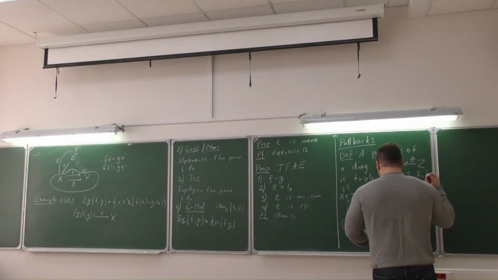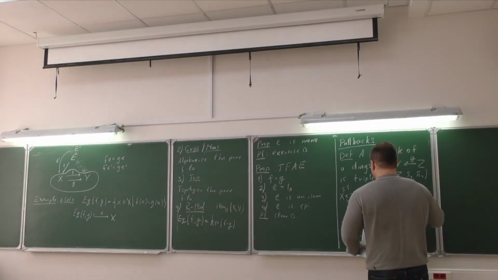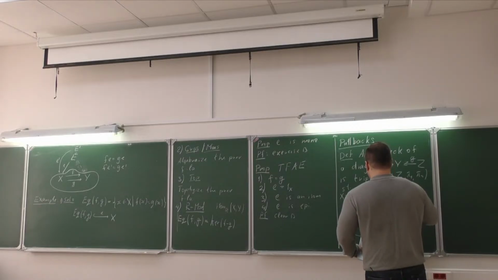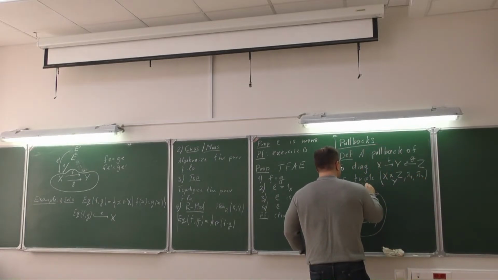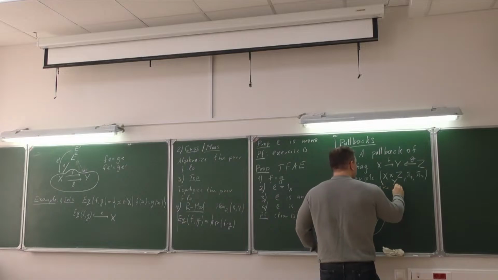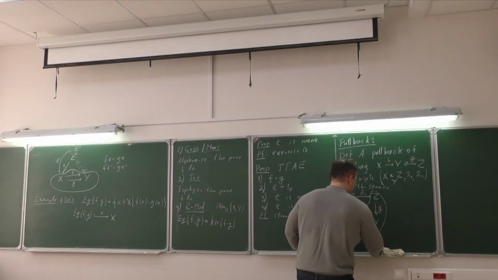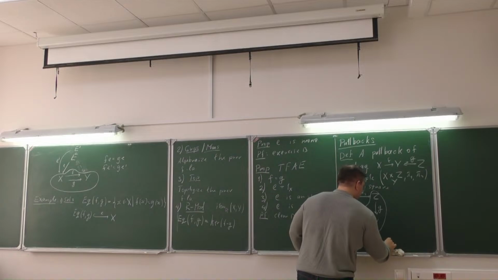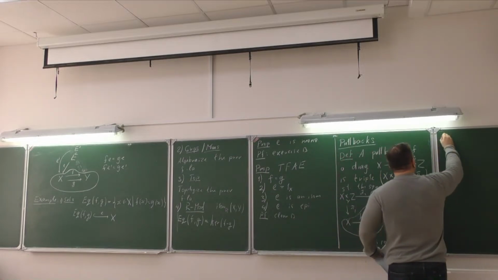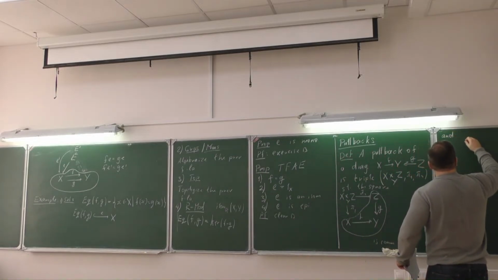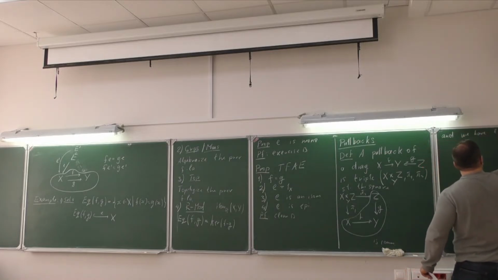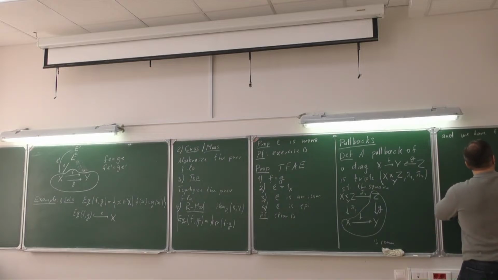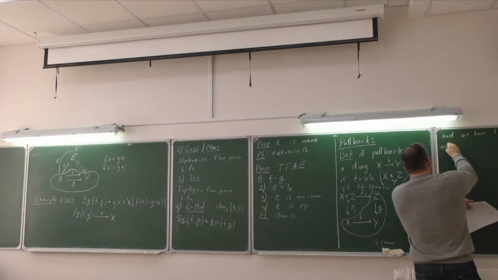Which means that, how to formulate this? Okay, such that the square is commutative, and we have the following universal property.